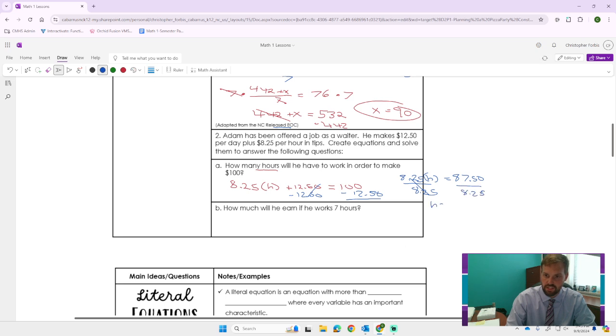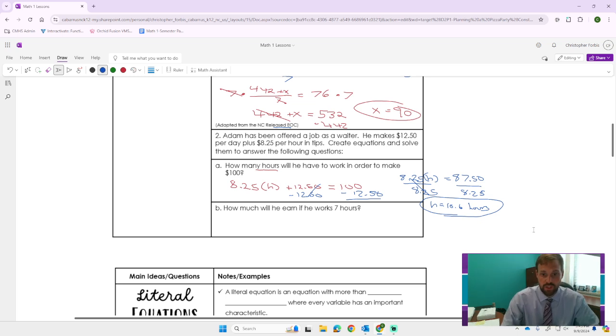So I'm getting that H equals, in my calculator, 10.6. So what that means in the context of this problem is that I have to work a 10-hour, almost an 11-hour day, really a 10.6-hour day, in order to make $100, which means this job kind of sucks. Don't do this job.